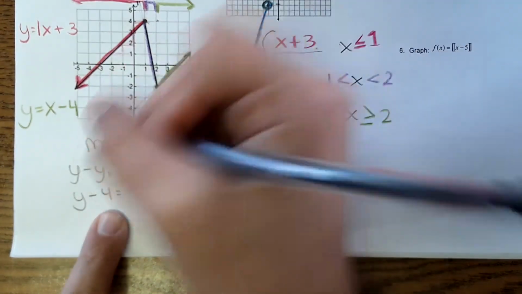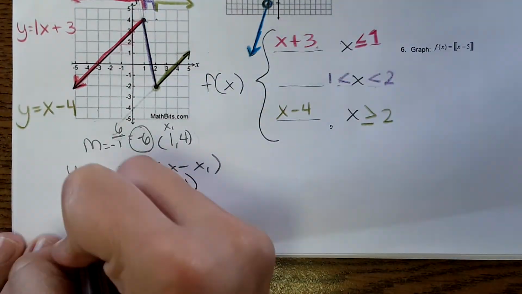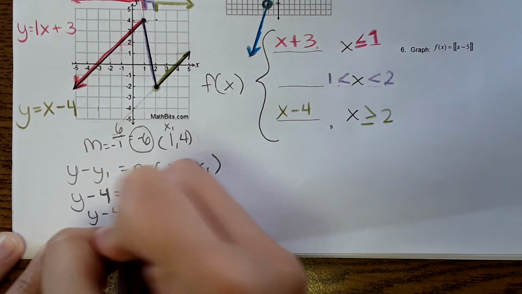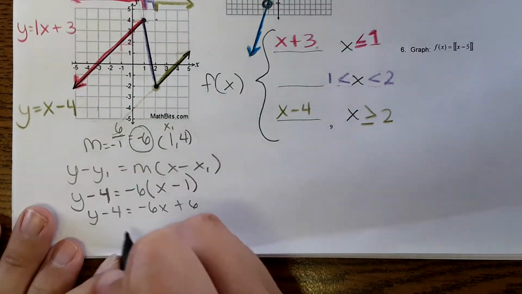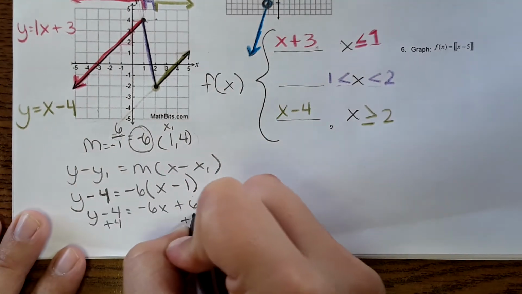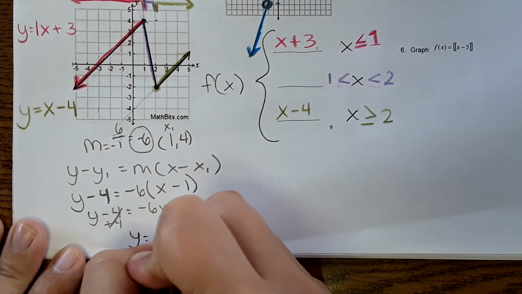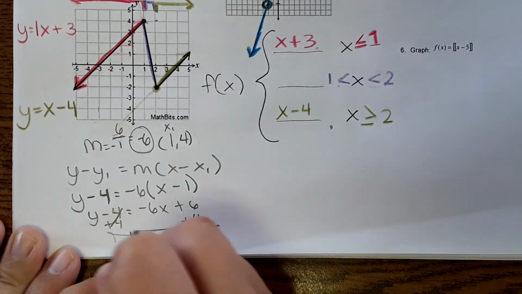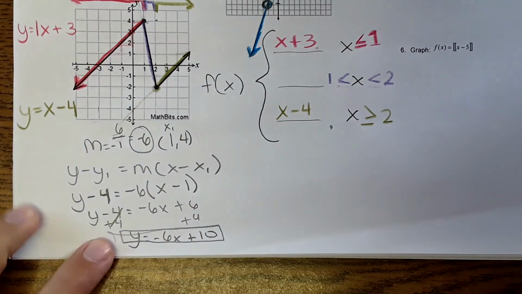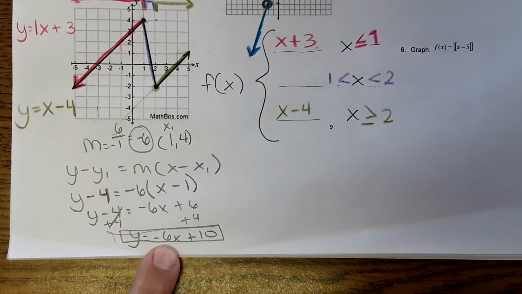Oh, y minus 4. Yeah. Then getting y by itself. And I get this, -6x plus 10. So that is purple.